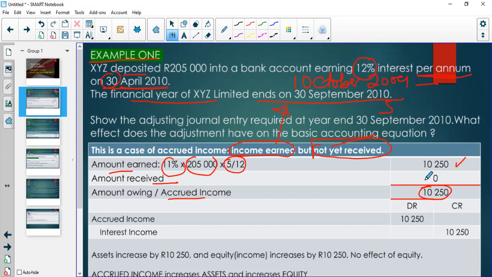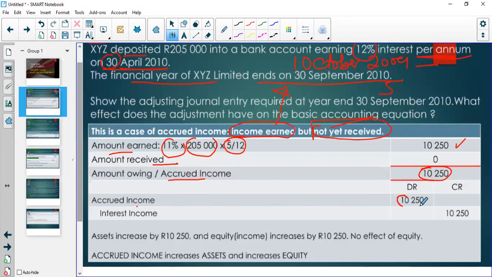Now the adjusting journal entry: we're going to debit accrued income with 10,250. We're going to credit interest income with 10,250. We credit interest income because we are increasing the income we have. And remember, income increases on the credit.